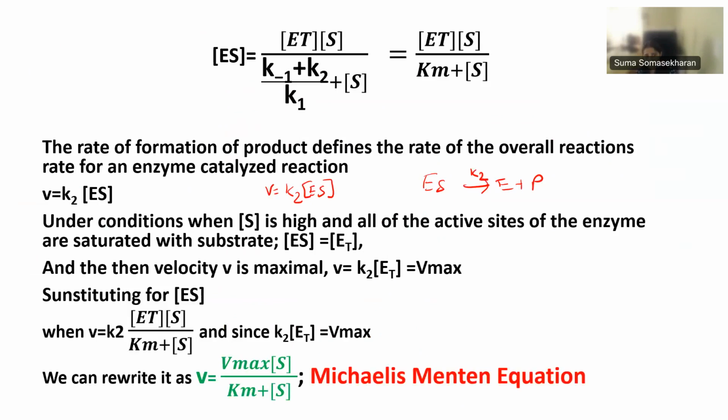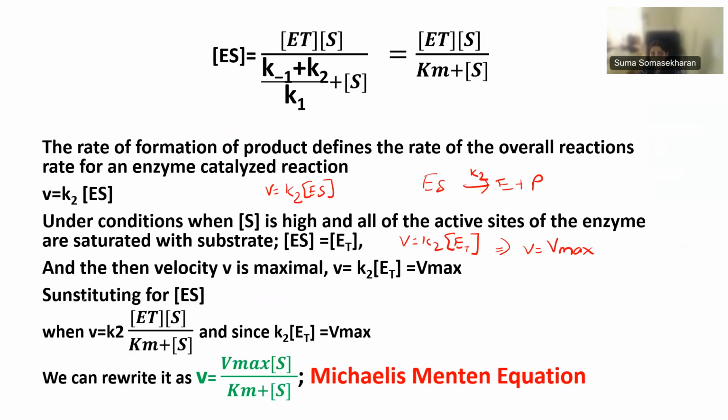And when all of the enzyme's active sites are completely saturated with substrate at very high substrate concentration, all of the enzyme is in the form of ES, and so V is equal to K2 multiplied by ET. When V is equal to K2 multiplied by ET at saturating concentration, then V is equal to Vmax.